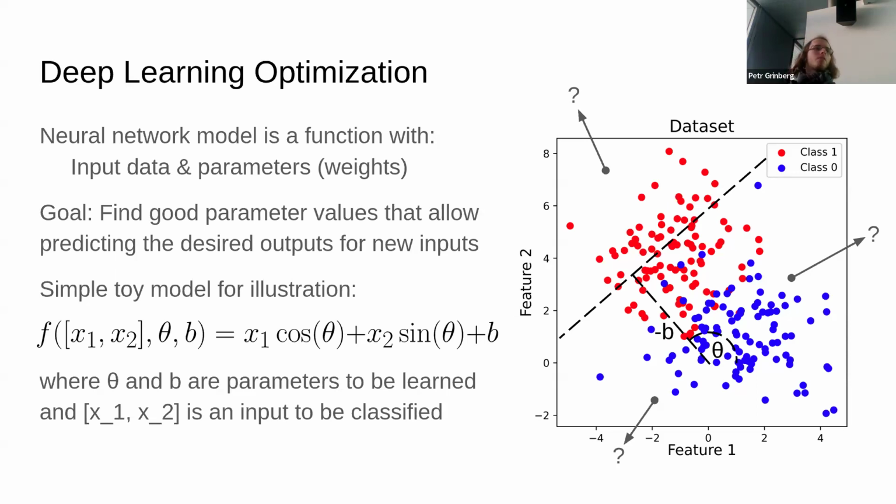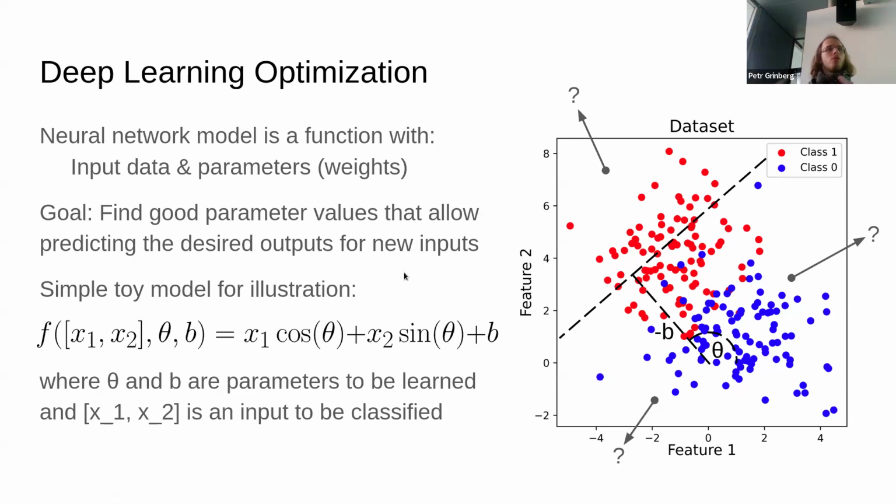All your layers have some parameters. For example, your layer can be just taking a cosine of some parameter and multiplying it by your input data, like x1 multiplied by cosine of some parameter theta. So what your model actually does is adjust this parameter theta to make a better prediction.